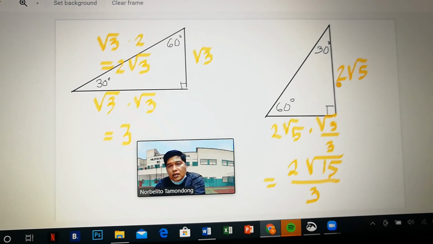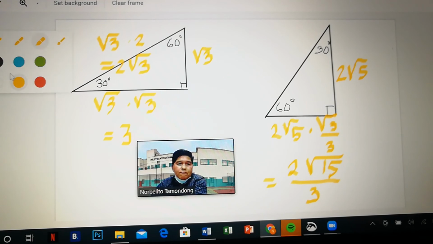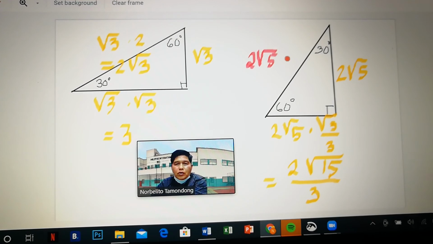Okay, given the longer leg, how do you find the hypotenuse? Just simply multiply by 2 square root of 3 over 3. So 2 square root of 5, the given, multiply by 2 square root of 3 over 3.